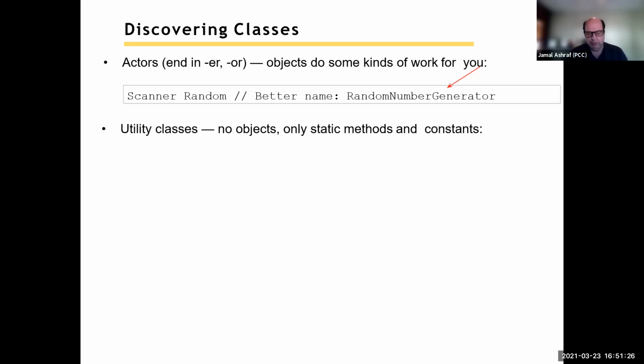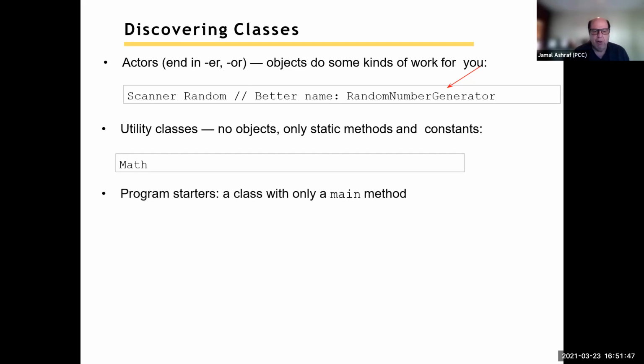Other than that, you're always going to have the word new to create an object to use. But with the static ones, you don't create the object. You just use the methods that are available to you. So we saw Math as a utility class.